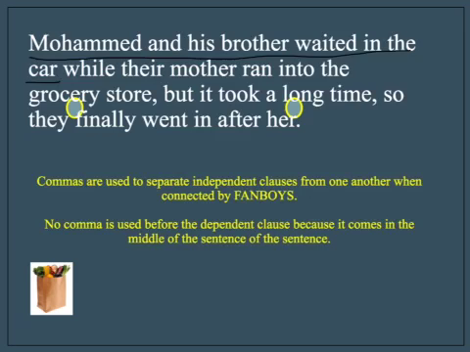It's followed by a dependent clause, while their mother ran into the grocery store. These two clauses are connected with the subordinate conjunction while. Notice there is no comma that connects them. That's because the dependent clause comes after an independent clause, and it's in the middle of the full sentence.